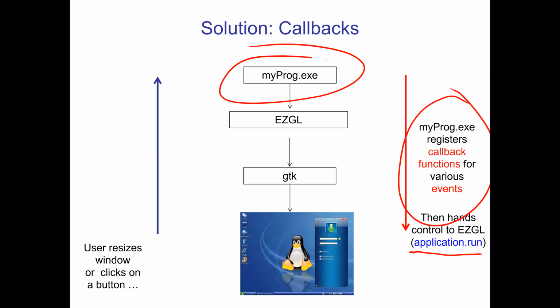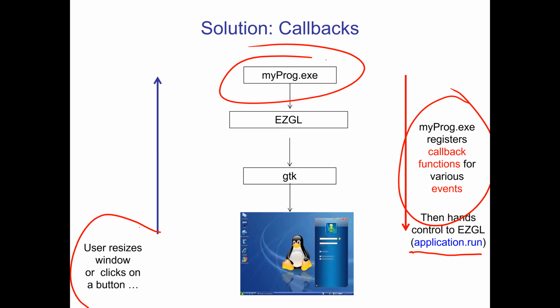It has a method called run. When you call run, it doesn't come back for a long time. You're basically handing control to EasyGL, and EasyGL is going to do whatever it feels like. And when it needs some help from your program, it's going to call one of the callbacks that you already registered, okay? So once you call this, EasyGL is kind of in control.